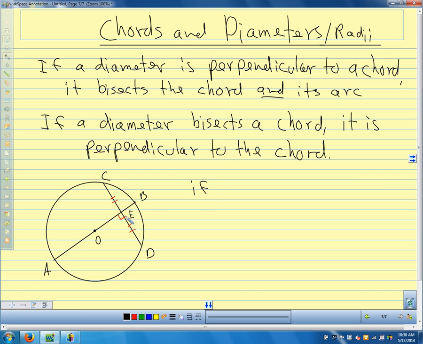So if our diameter is perpendicular to the chord, so if AB is perpendicular to CD, then CE is congruent to ED. We cut this chord in half, and arc CB is congruent to arc BD.